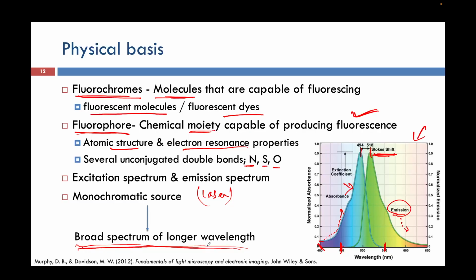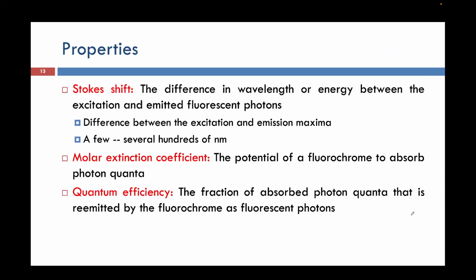Even after they got the energy to go to the higher state, they will lose energy over a broad range. So that will give us a broad range of emission spectra. This is the basis on which we have designed fluorescence microscopy.